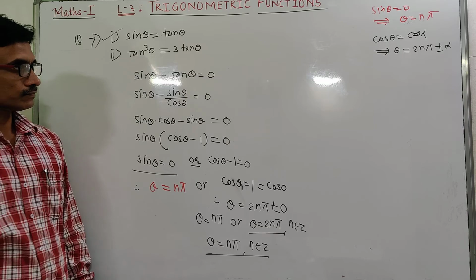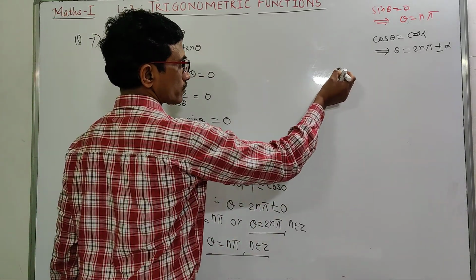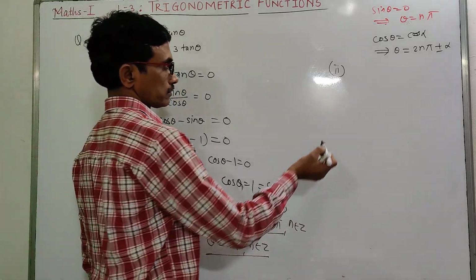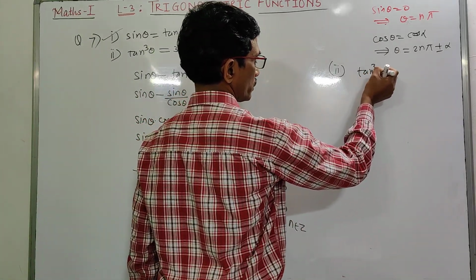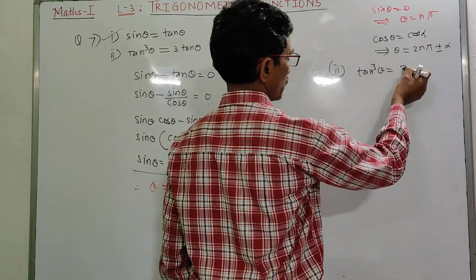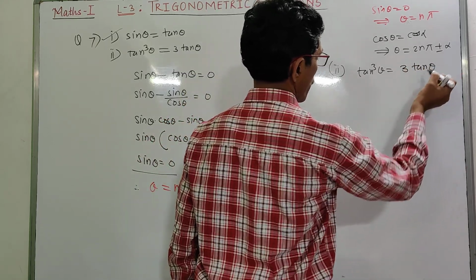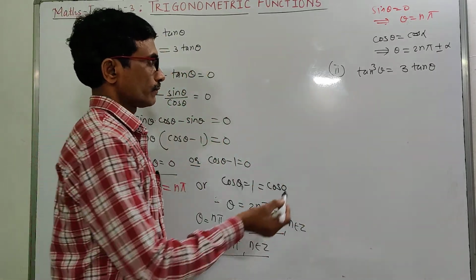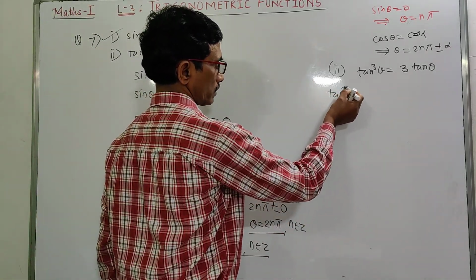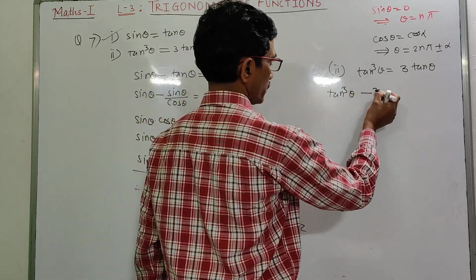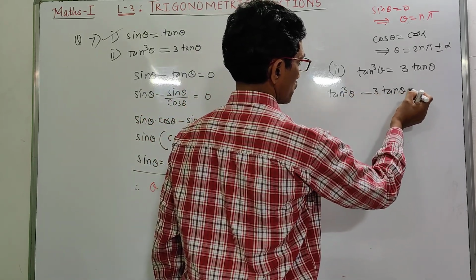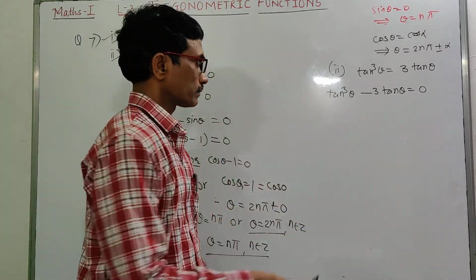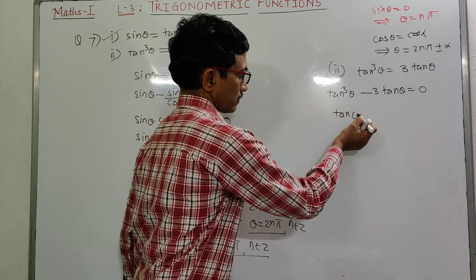Second answer. See the second sub question: tan cube theta is equal to 3 tan theta. We'll be taking this 3 tan theta again on the left hand side. Tan cube theta minus 3 tan theta is equal to 0. What can we take common from here? Tan theta.